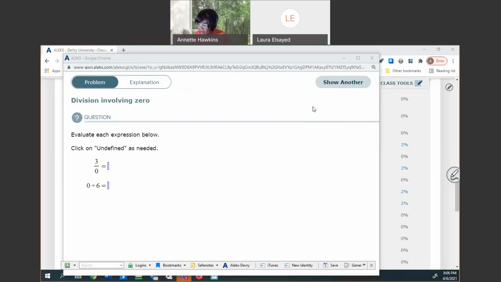Okay, so the very first problem in ALEKS takes us through division, and I posted in the discussion to help you remember this. If you have a number over 0, that means no, which means undefined.